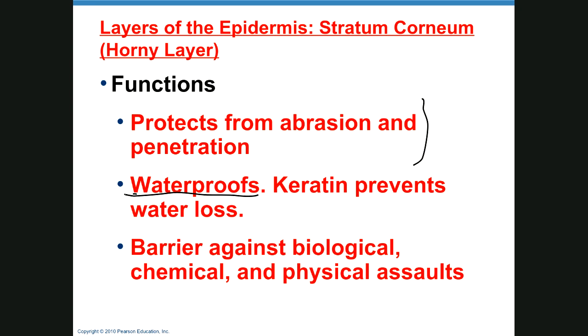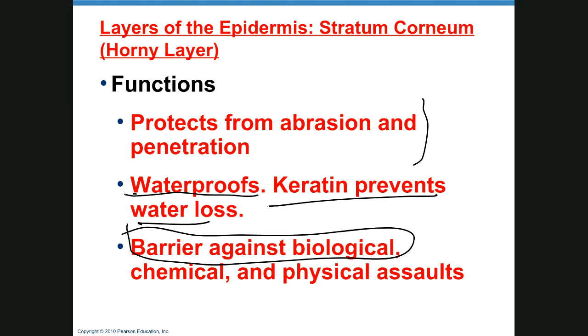Now, water could leave the skin, so it can evaporate through the skin, but it cannot go from the outside into deeper layers. The keratin prevents water loss. Okay, so even though water does evaporate, because of the presence of keratin, not as much evaporates as it would if keratin was not present. Keratin is also a very powerful barrier against biological attack.